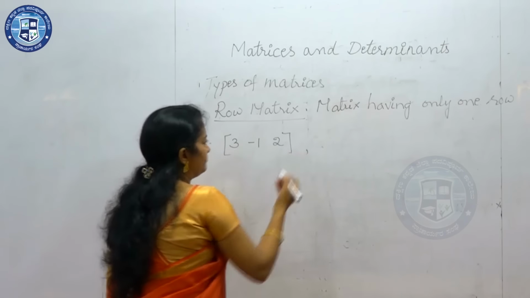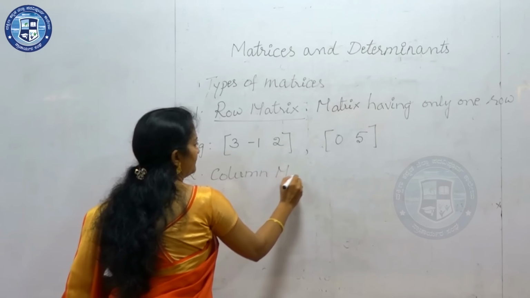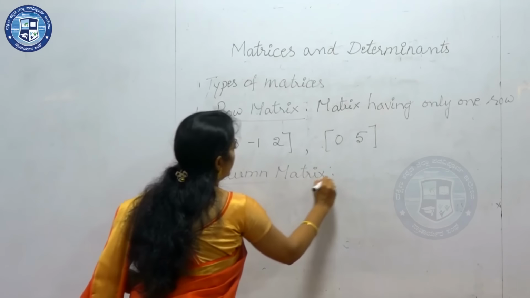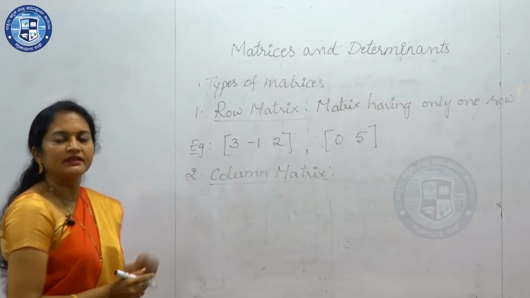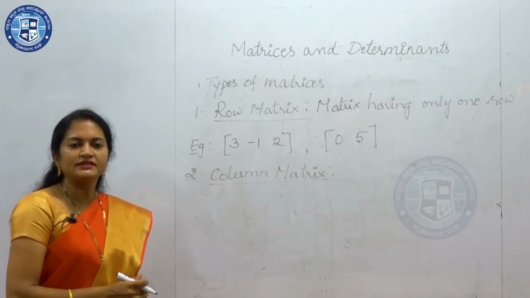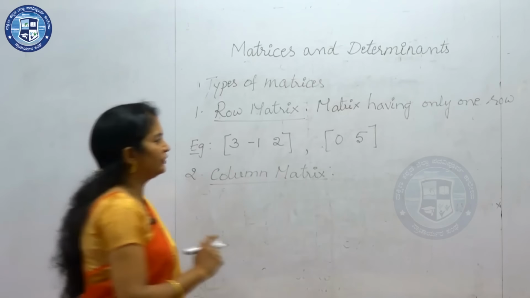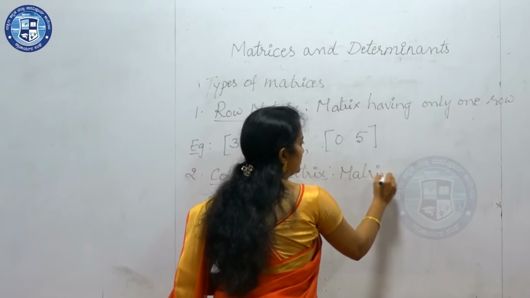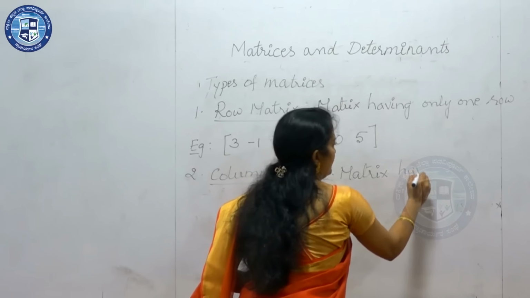Next comes column matrix. What is a column matrix? Column matrix is a matrix which is having only one column. Matrix having only one column is called column matrix.